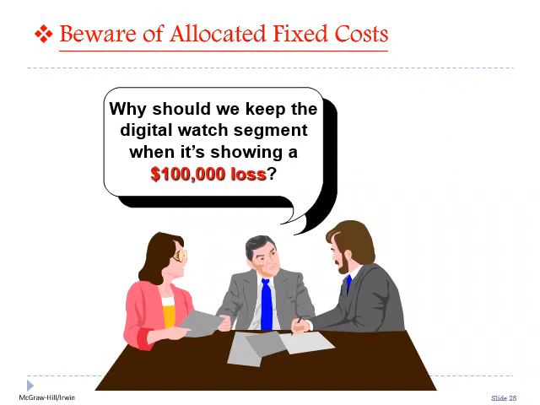Why should we keep the digital watch segment when it's showing a loss of 100,000؟ لو رجعنا تاني هلاقي قبل ما احنا نطبق الأبروتشز دي كان الديجيتال واتش سيجمنت محقق loss of 100,000. طب ازاي احنا خدنا قرار to keep it؟ ده علشان كان معمول له wrong allocation of the fixed costs. اوكي.